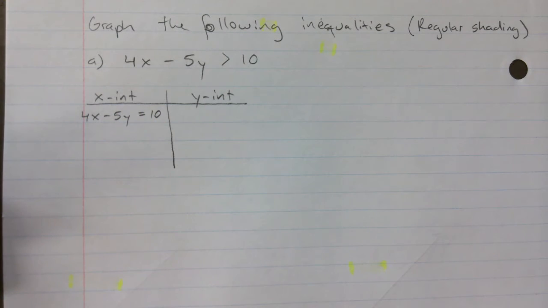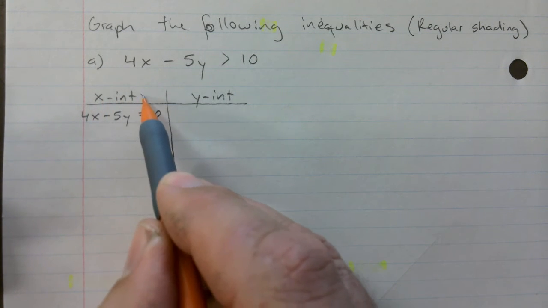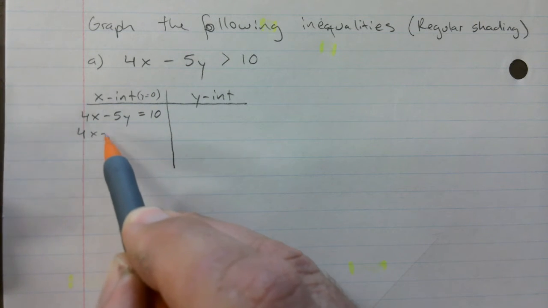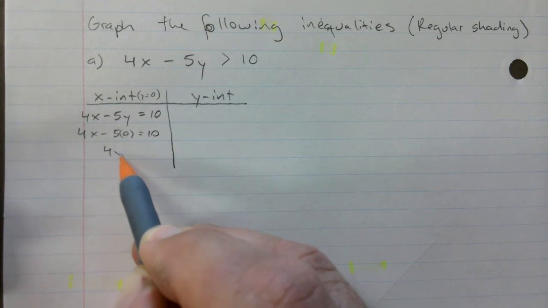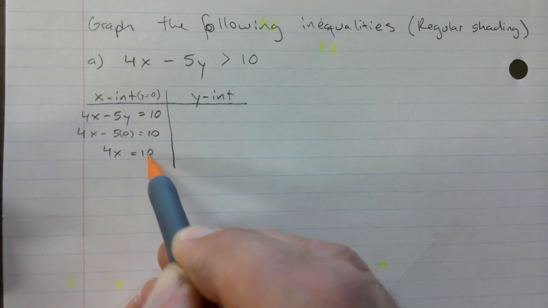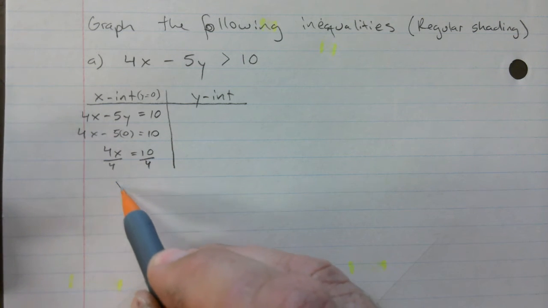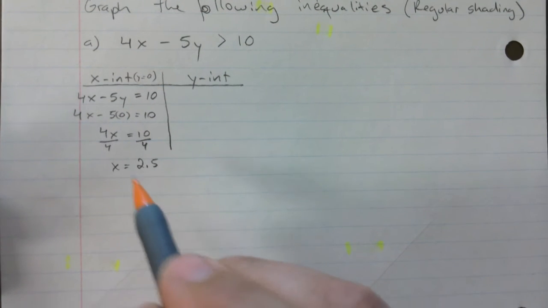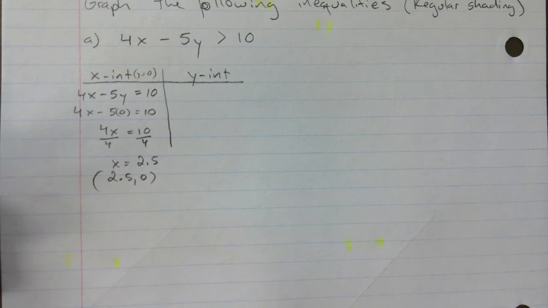So forget about the inequality for now. And when it's x-intercept, then we know that the y is equal to 0, correct? So we plug that in. 4x minus 5 times 0 is equal to 10. So it's 4x is really equal to 10. Divide both of them by 4. X is equal to 2.5. So the x-intercept is 2.5, 0, right?